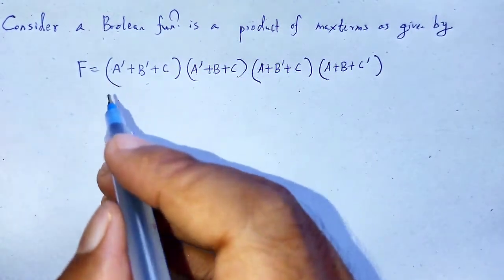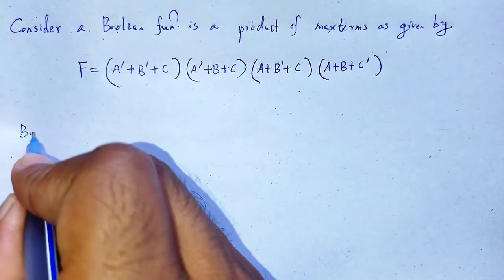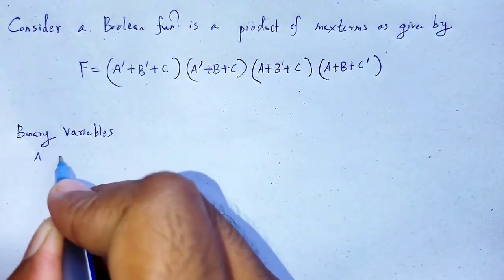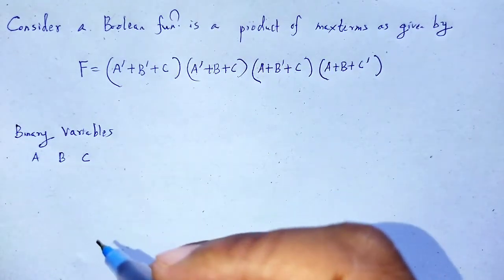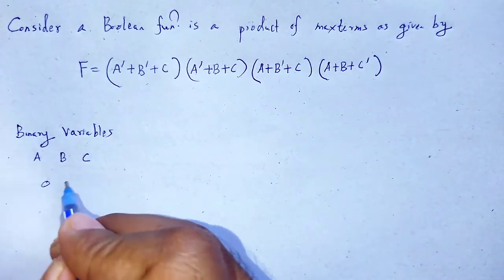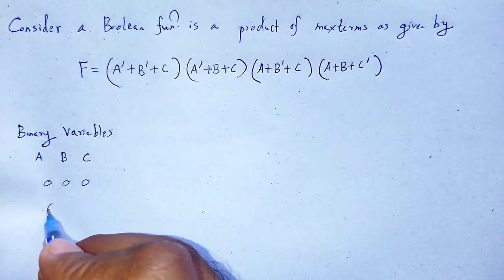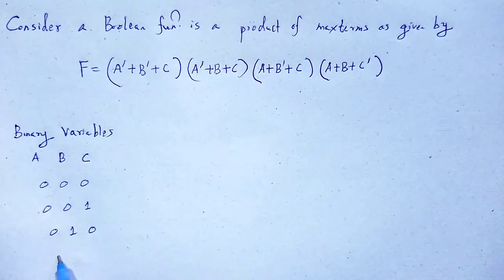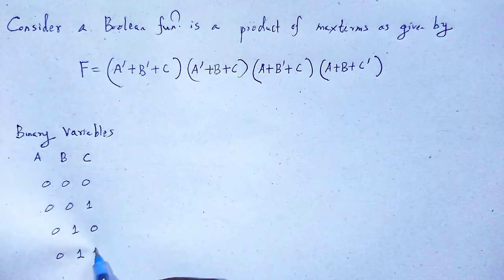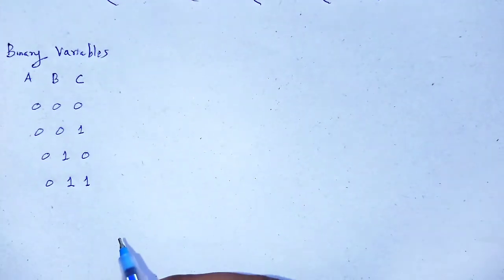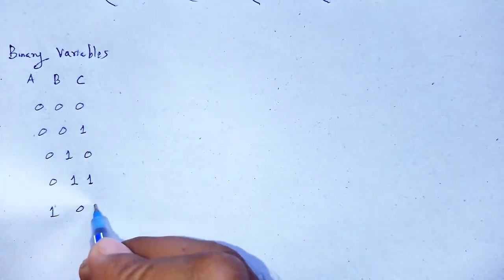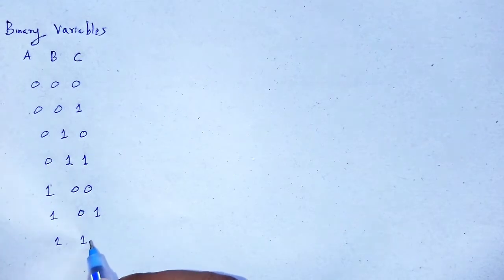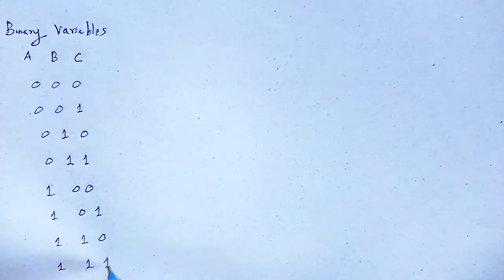It is a 3 variable system, so the possible binary inputs for a, b, c will be 8: 000, 001, 010, 011, 100, 101, 110, 111.